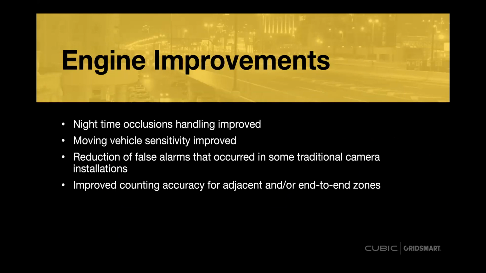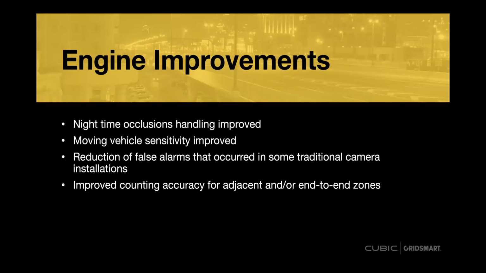I want to talk about some of the engine improvements that we've made. With the engine, we've improved the handling of nighttime occlusions. So when two vehicles are stacked next to each other and in the area that the cars might occlude one another, that's improved with this new release. We've also improved the sensitivity of moving vehicles, so you're going to get more accurate and better detection.